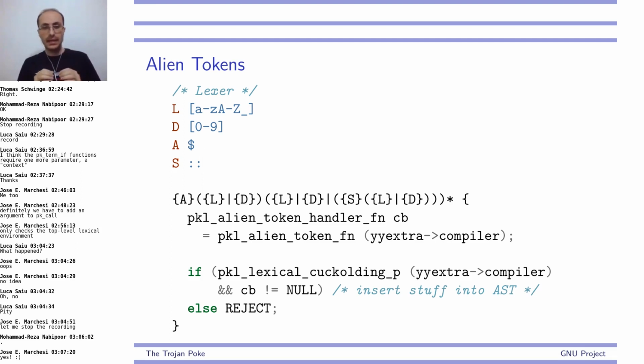So the nice thing is that based on what this callback from the user tells us, we will insert ASD nodes. We are really injecting stuff into the ASD, so the name makes good sense. And it's a powerful tool. GDB is a user of this technique because, for example, you want to get the address of a variable as a Poke offset. So this is the way to do it.